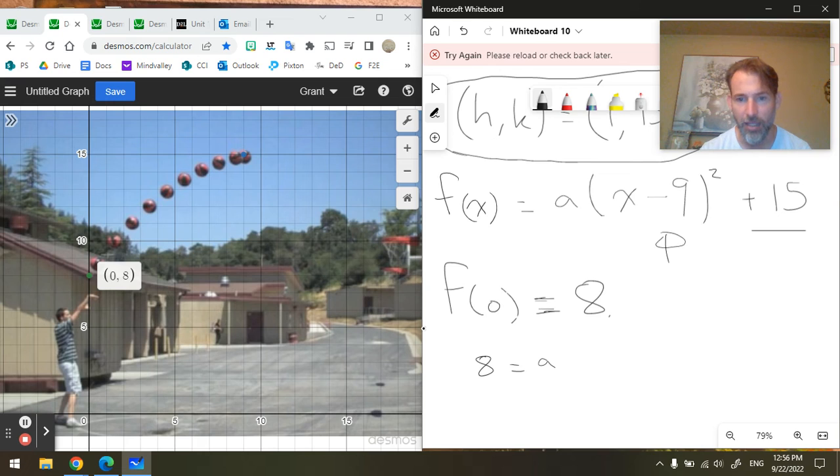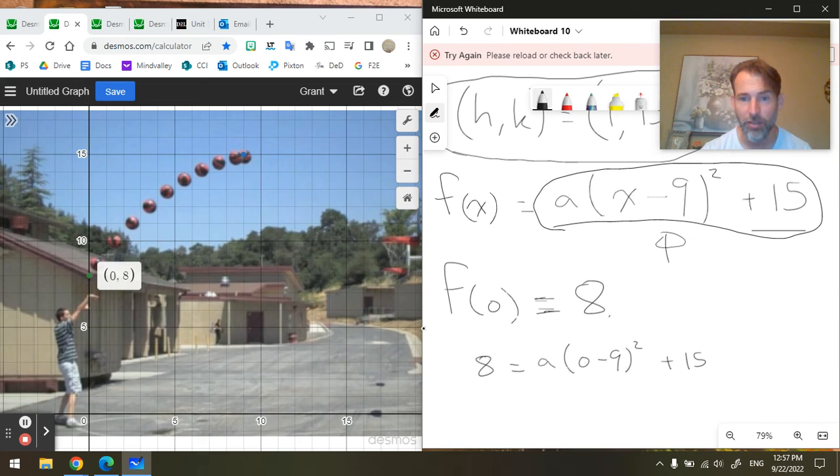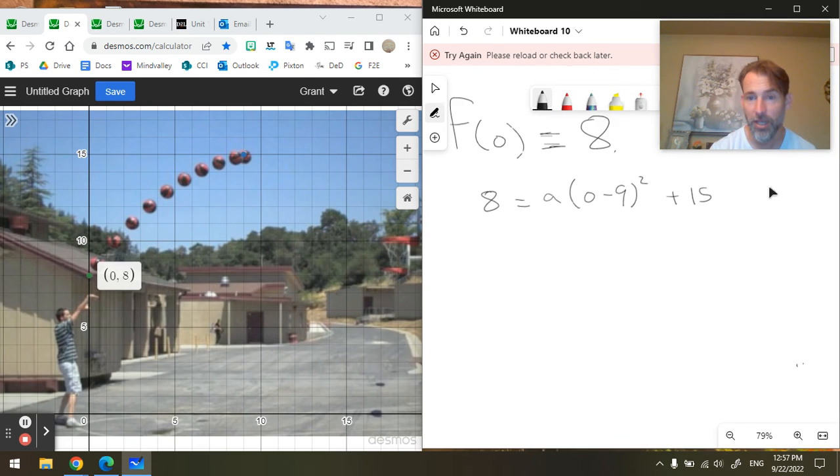So we're going to have some a, and that's the variable we're going to solve for. 0 minus 9 squared plus 15. Okay, I just take this function here. It's still missing an a value, but when I have that x and y, I'm going to be able to solve for it. So let's go ahead and solve for this a.